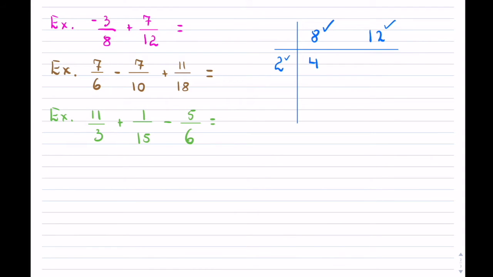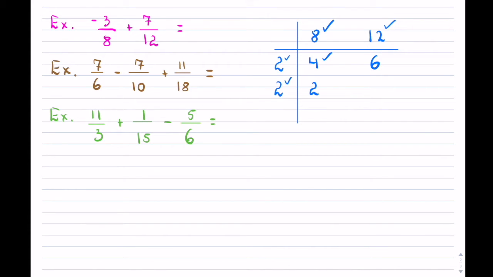It goes in 6 times. So I have now prime factorized 8 and 12 by 2, and I continue this process. I notice that 4 is divisible by 2 once again, and it will reduce to 2.